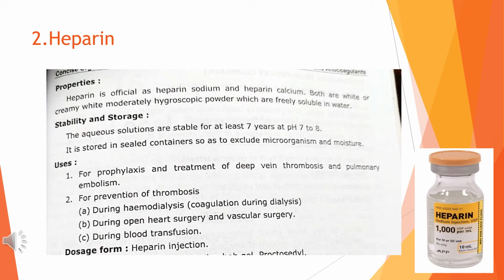Next is the uses of heparin. First, for prophylaxis and treatment of deep vein thrombosis and pulmonary embolism. Next, for prevention of thrombosis, first, during hemodialysis.